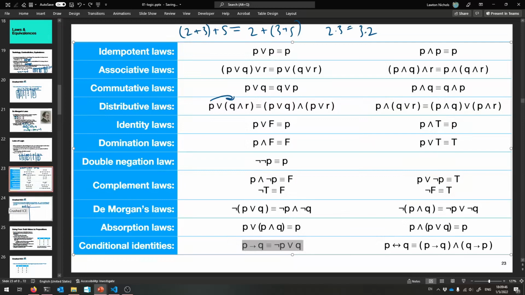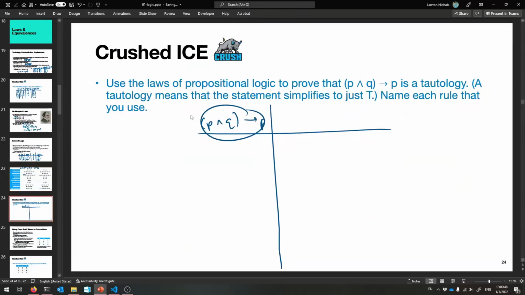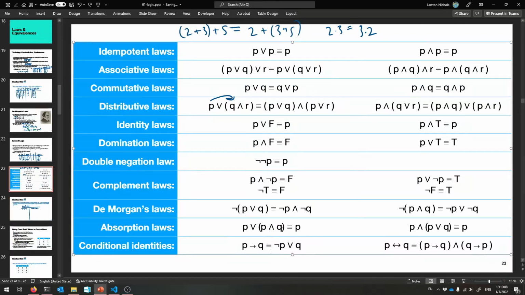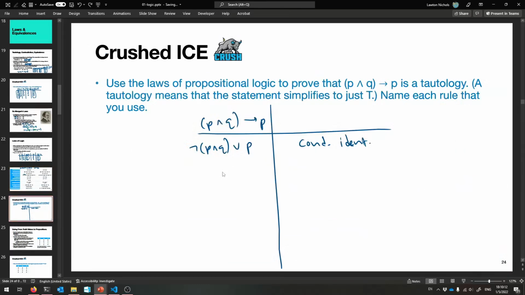Let's convert this to not (P and Q) or P. That's using the conditional identity, because that's how we can replace it: we replace it with the negation of this, or with that. So we use that, and then we keep going until we get down to true.